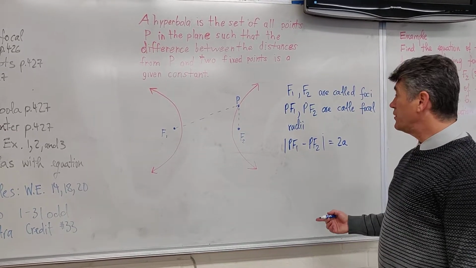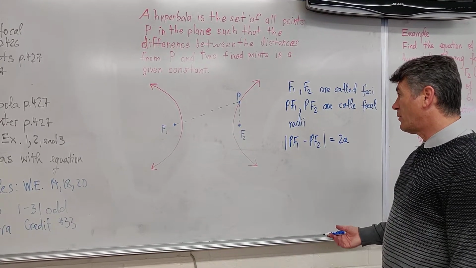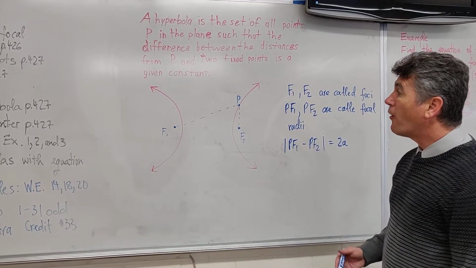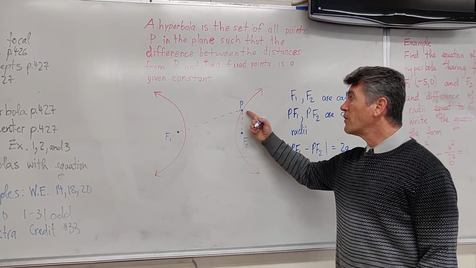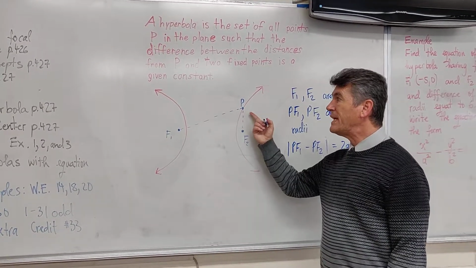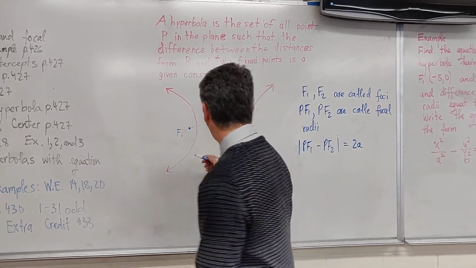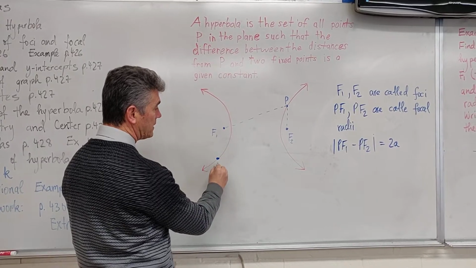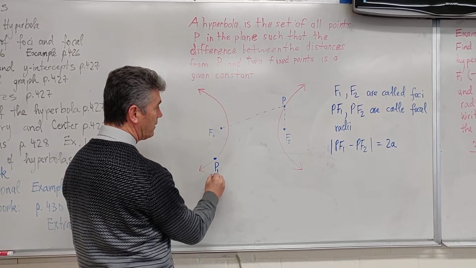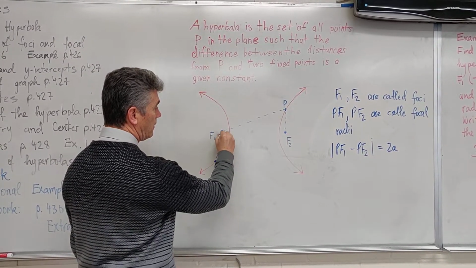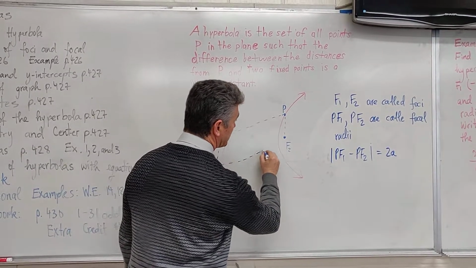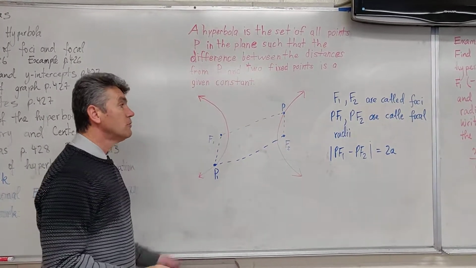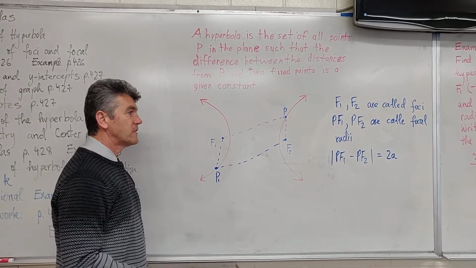Or if we don't want to use absolute value bars, well, that would be kind of hard because we just chose a random point. Point P doesn't have to be there, it can be anywhere at all. So let's choose another point, let's call it P sub 1. And this time, P sub 1 is closer to F sub 1 than it is to F sub 2.